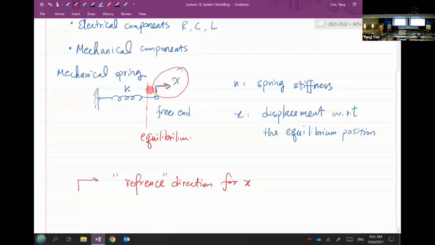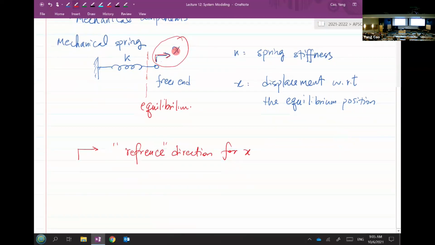I want to be clear because I got a lot of questions in the past: when you draw an arrow, does that mean x cannot go to this side, or that the spring cannot move in the other direction? That's not what this means. This just means there's a reference direction. The actual motion certainly could be in any direction.